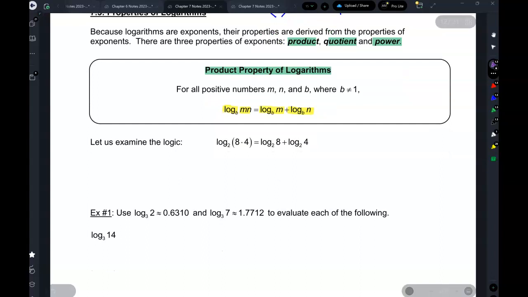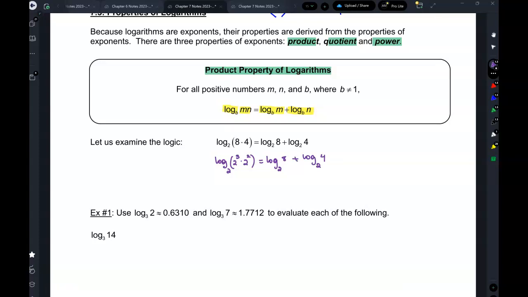Here is the same sort of logic. Log base 2 of 8 times 4. Well, this is 2 cubed and 2 squared. This is equal to log base 2 of 8 plus log base 2 of 4.